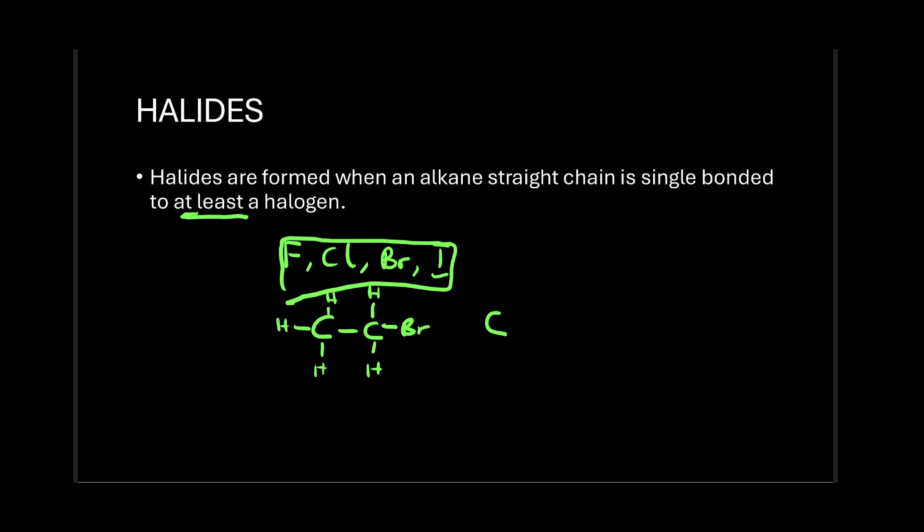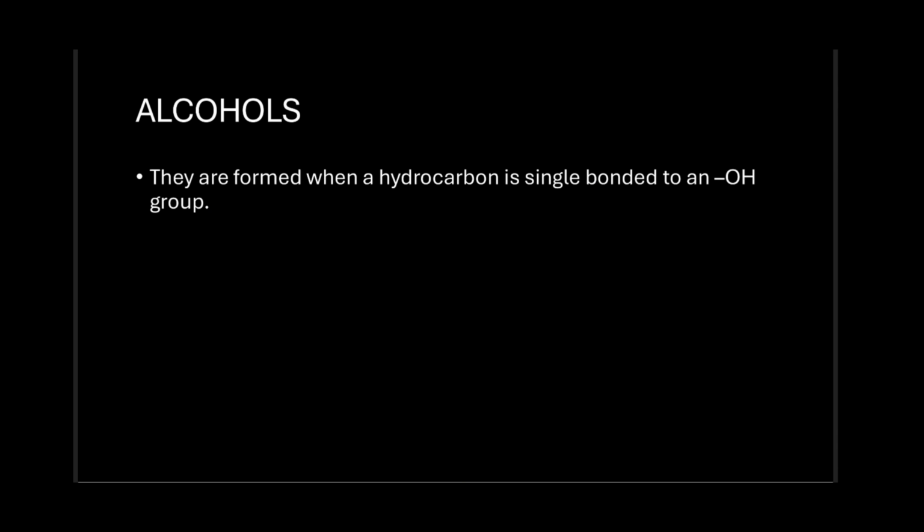So we can take an example here. We can have a bromine being bonded here, and then we can also have a chlorine here. Likewise, we can have a bromine here, and another bromine here. So in all, we can see that the straight chain alkane forms a single bond with a halogen, making our compound a halide. Let's move on to the next functional group.